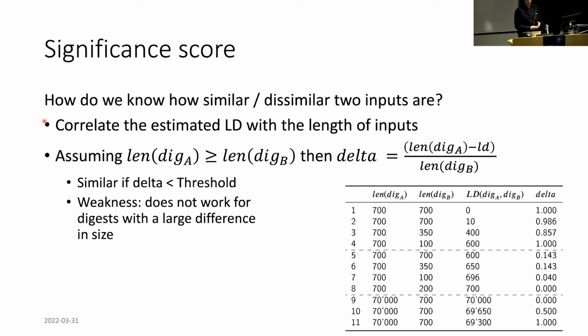How could this be used then? Because we only get a distance measure. So what does it mean if it's a Levenshtein distance of 1,000? We would need something that we called a significance score, and this is where it again gets very tricky, which correlates the Levenshtein distance with the length of the input.